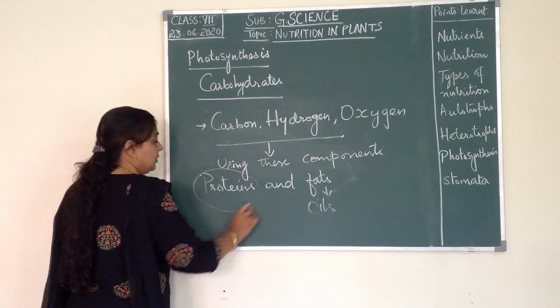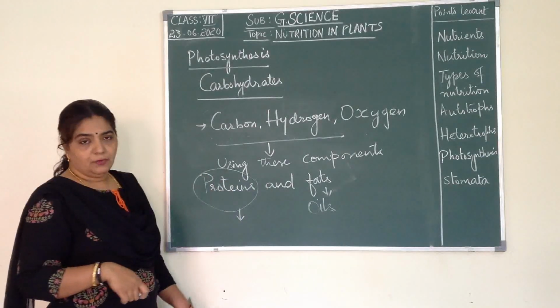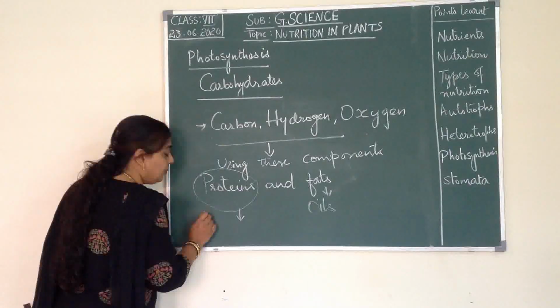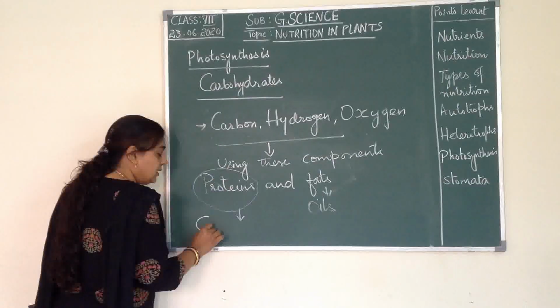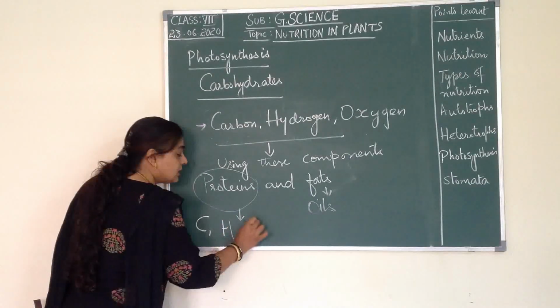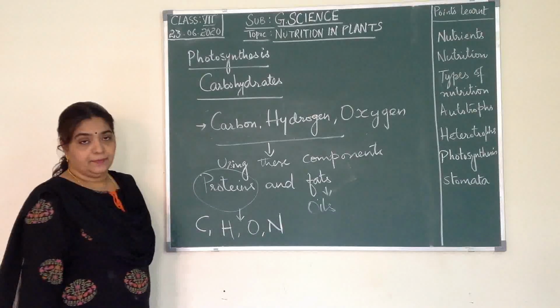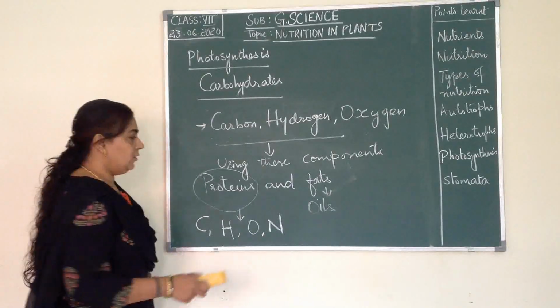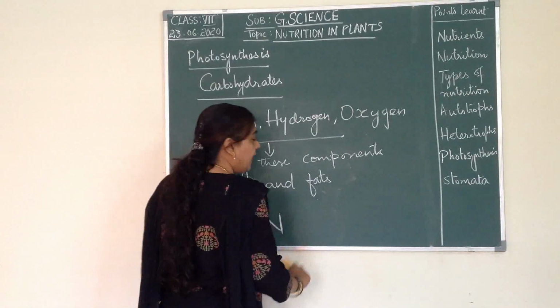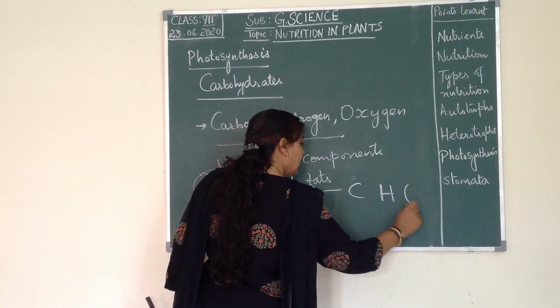But when we come to the composition of protein, what are proteins made up of? Proteins are made up of carbon, hydrogen, oxygen and nitrogen. It also contains nitrogen, whereas the fats contain the same carbon, hydrogen and oxygen.